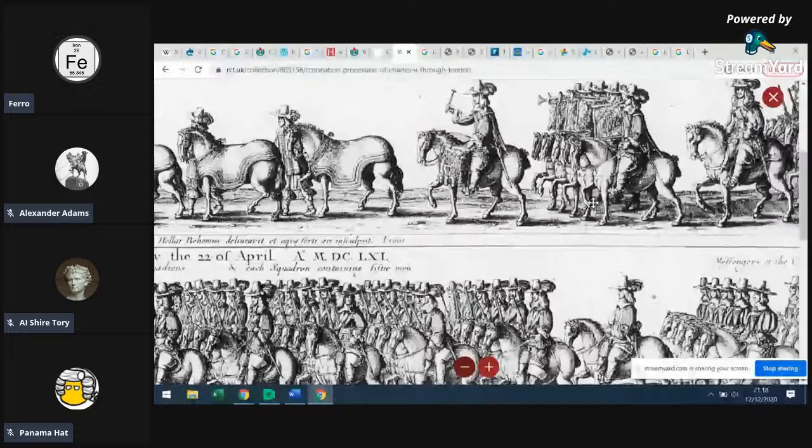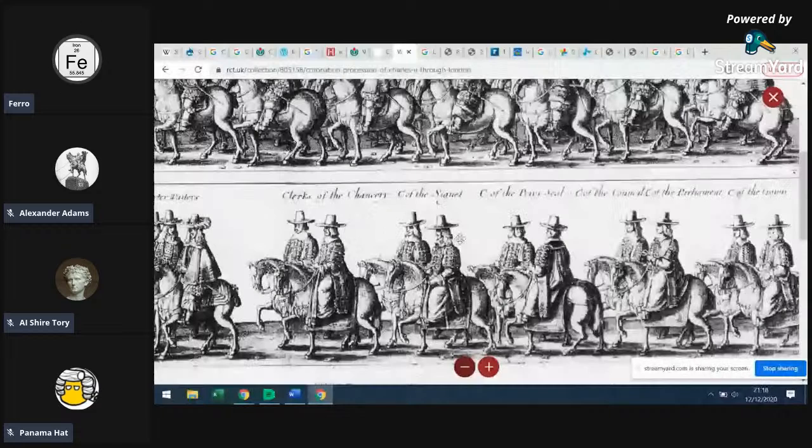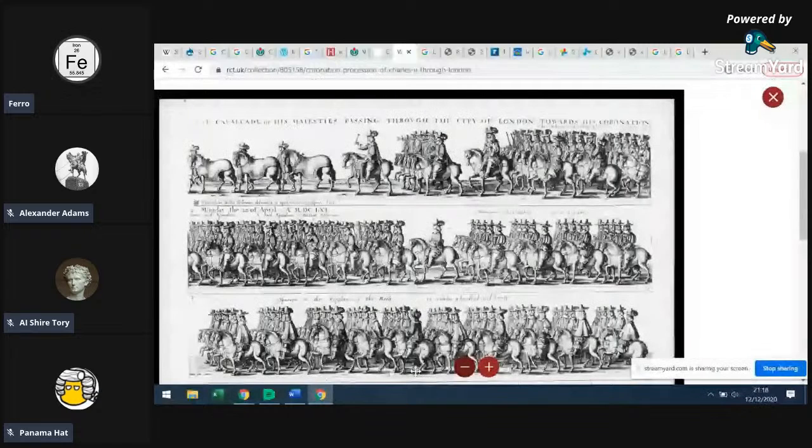But what this is about is showing the imperial might, showing the people who are there. Sorry, it's got a very temperamental zoom. Say squires, the king's knights, stewards of the chamber. It's showing the full court is back. Look at all these guys who are behind the new king, and this is going out to hundreds of people in the City of London, which previously was a parliamentary hotbed.